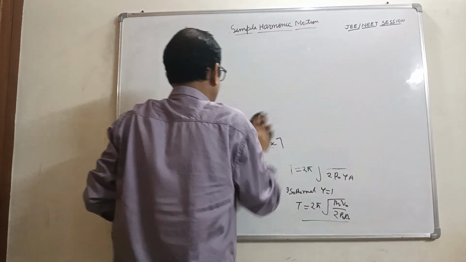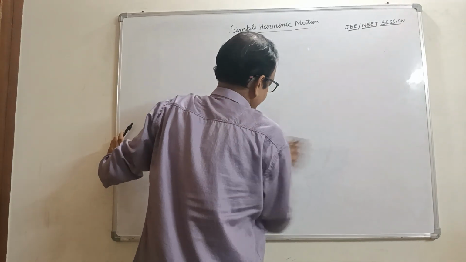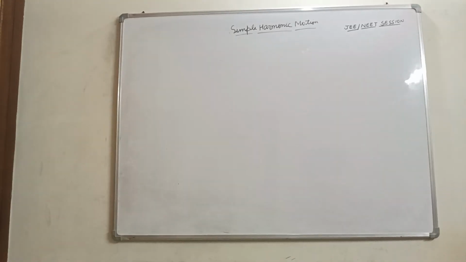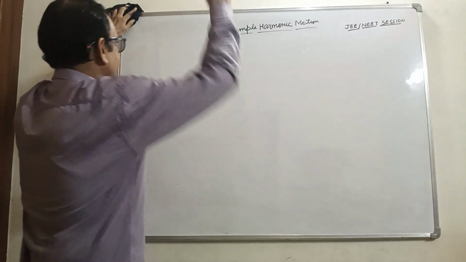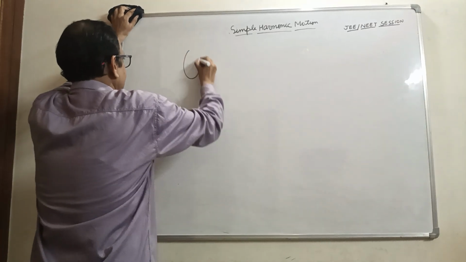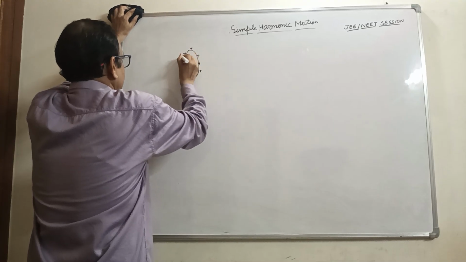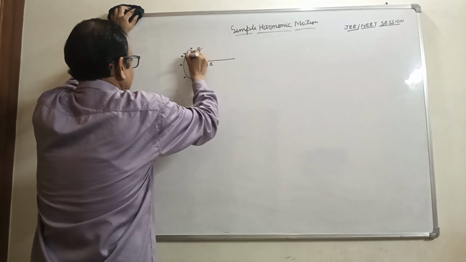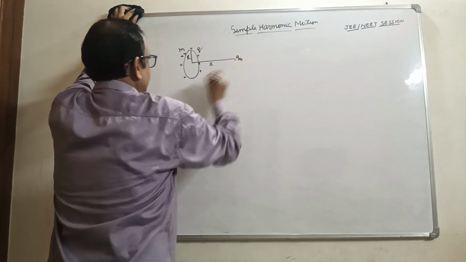In electrostatics, we also calculate the time period for the system. So the time period in the electrostatic system: suppose here is a charge ring, having q charge, radius r and mass m, and a minus q naught charge is placed here at distance x.